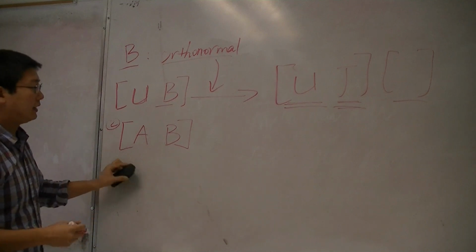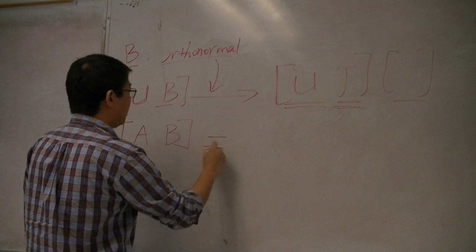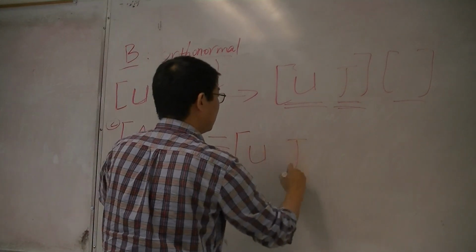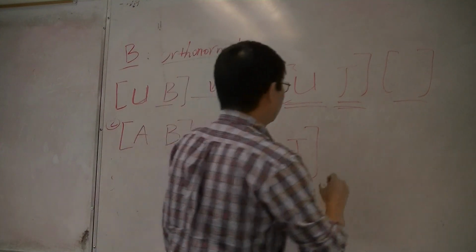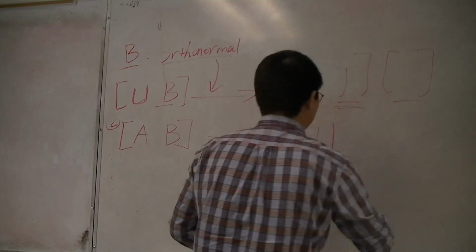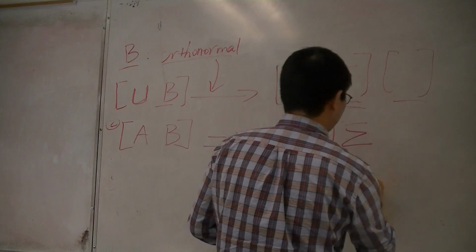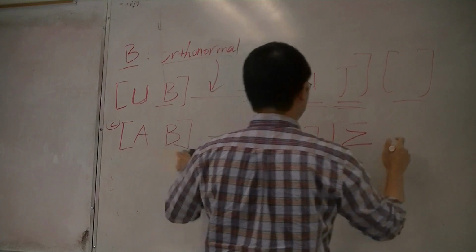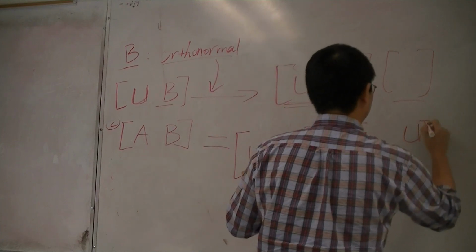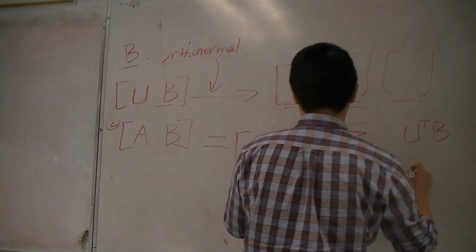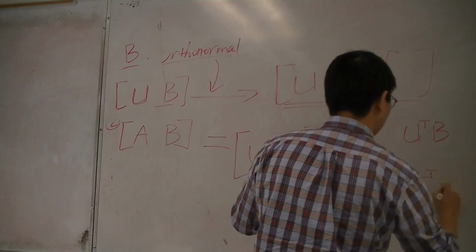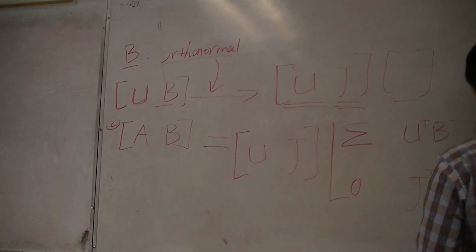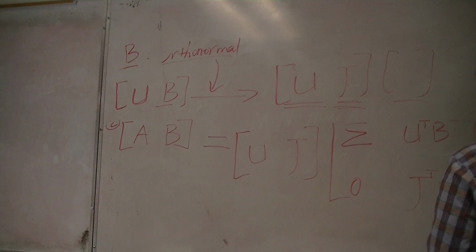So the next step, we decompose this matrix into something like this, where this is U J, and this is an orthonormal matrix, and it's sigma, so it's a kind of decomposition of B. So this is U transpose B, and for this, J is G transpose B, and 0, times this V 0.